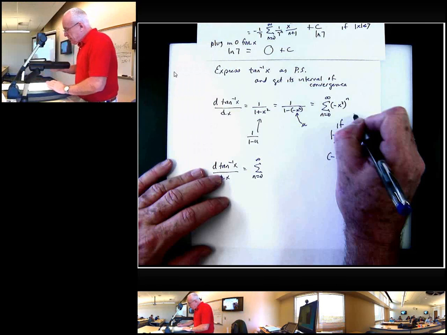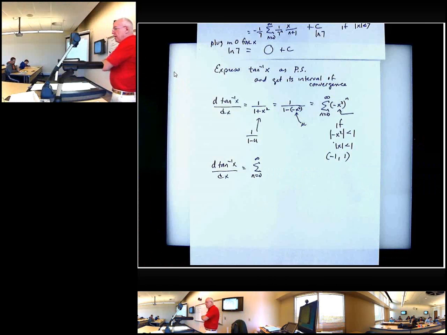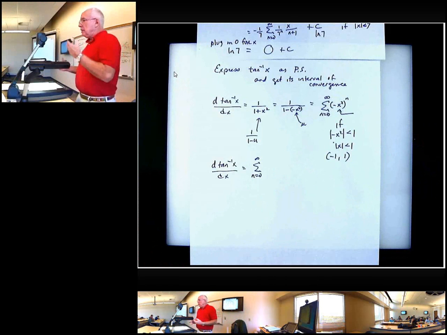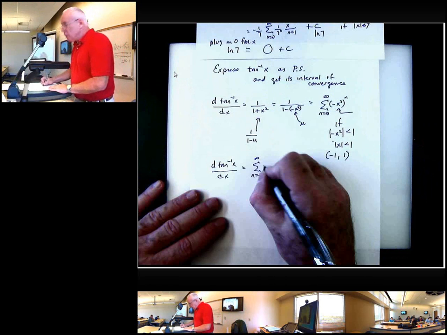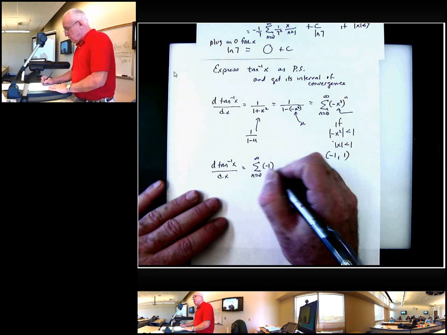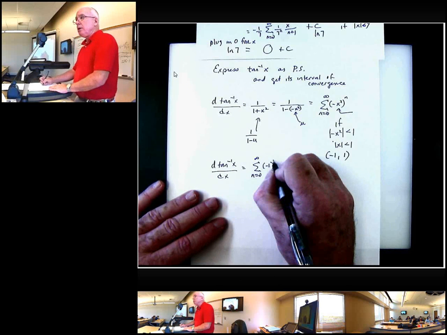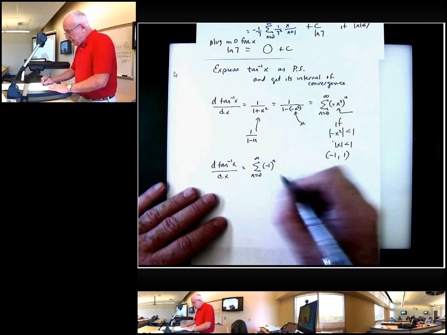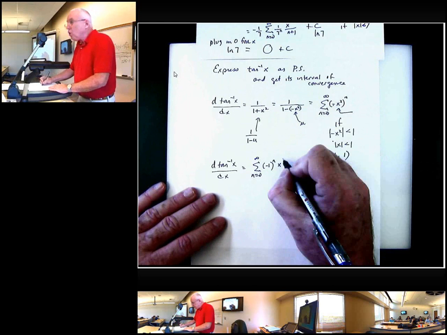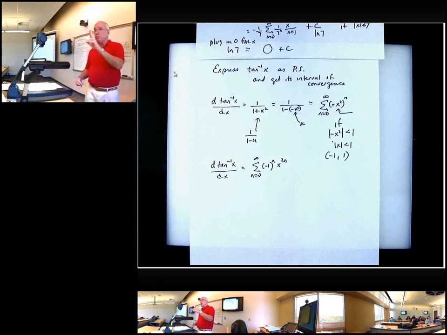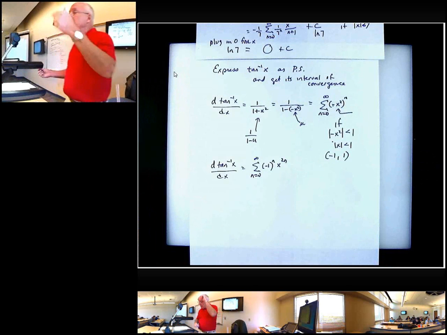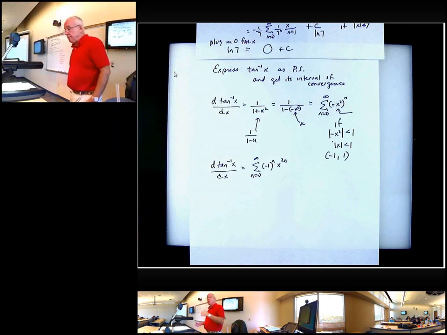So let's think of another way that we can write minus x squared in parentheses raised to the n power. Minus 1 to what power? Minus 1 to the n power, right? Minus 1 to the n power, and x to the 2 times n. When we take a power to a power, we multiply the exponent, so it's x to the 2n power. And that'll make it easier when we get the derivative then.